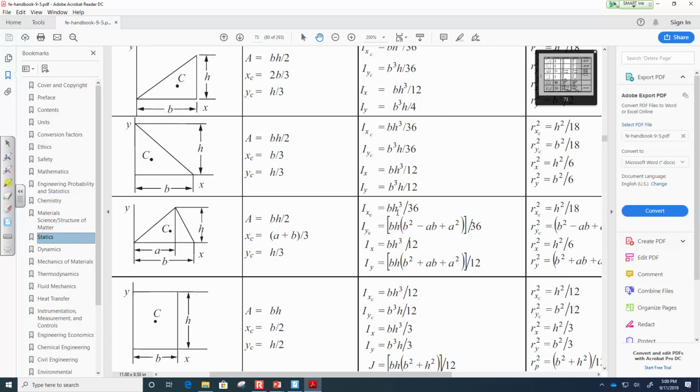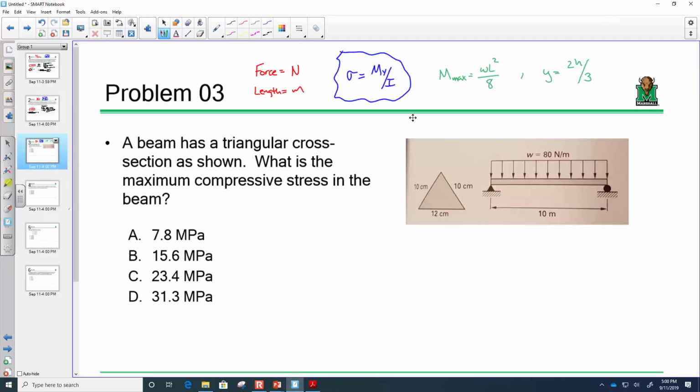So if I have a triangle, the centroidal moment of inertia is bh³/36. Okay? So we have that. I is bh³/36.